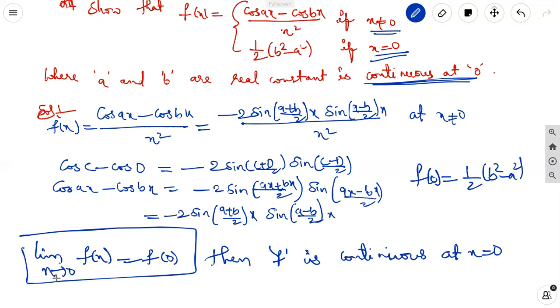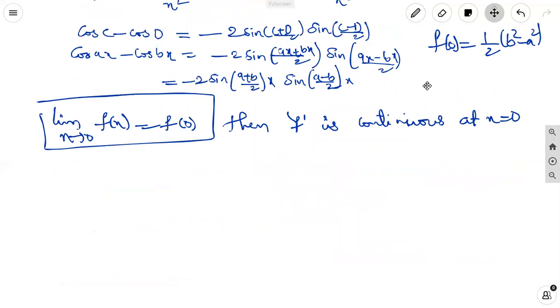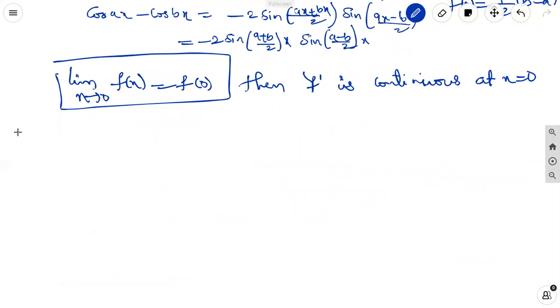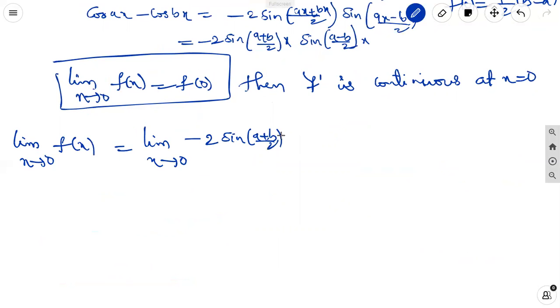But we can calculate the limit x tends to 0 of the function. Where a and b are real constants, we can take limit x tends to 0 of f of x, which means minus 2 sin of (a plus b) by 2 into x, sin of (a minus b) by 2 of x, by x square.